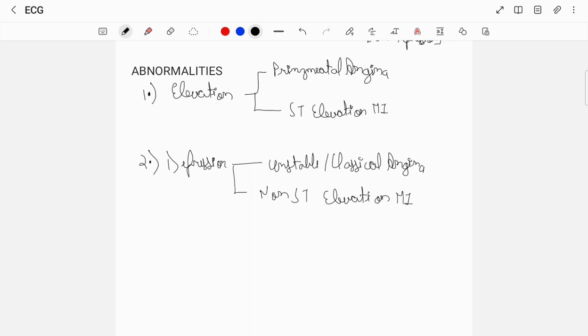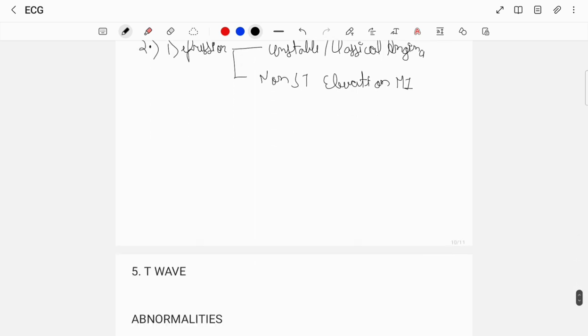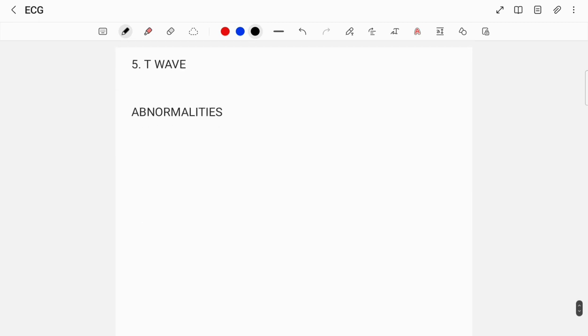Next, what I will be talking about is the abnormalities of the T wave. Herein, I would like to mention two common abnormalities. Number one is a tall, pointed T wave, which is seen in hyperkalemia.